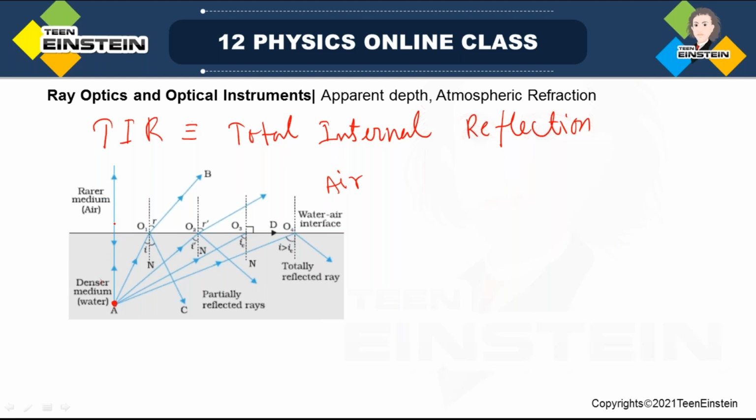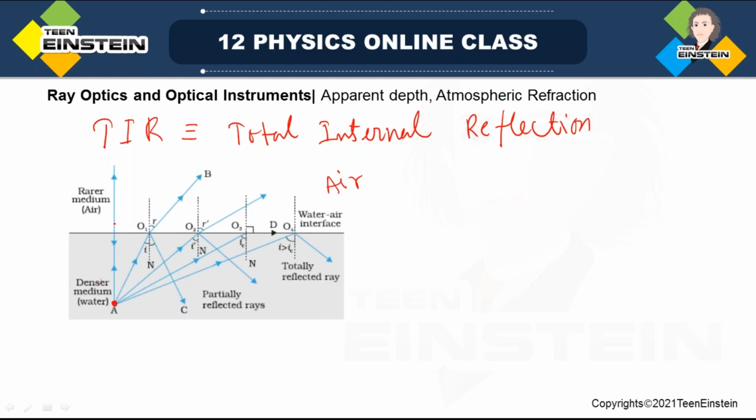Now, if you increase or vary the angle of incidence, the angle of refraction also varies.